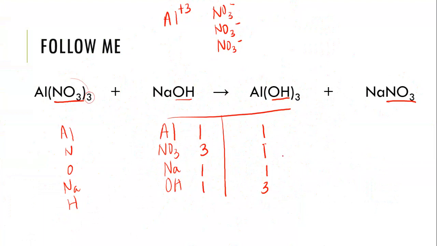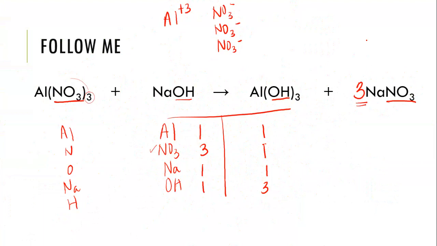So we're just going to pick one of these. You can pick either one you want to. The first thing I'm going to try to do is work with this one first. I'm going to try to make 3 NO3s on this side. I need 3 on the right-hand side of my T-chart. So find the NO3 on the right-hand side, which is here, and I need to multiply it by 3. You cannot change the formula, so the 3 has to go in the front, okay?